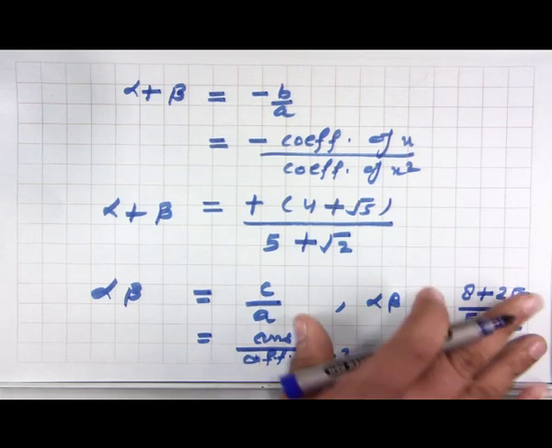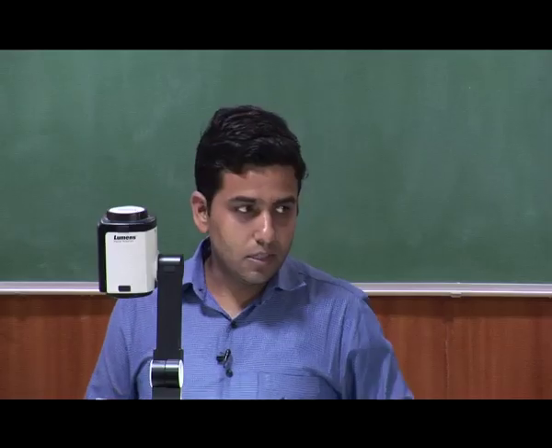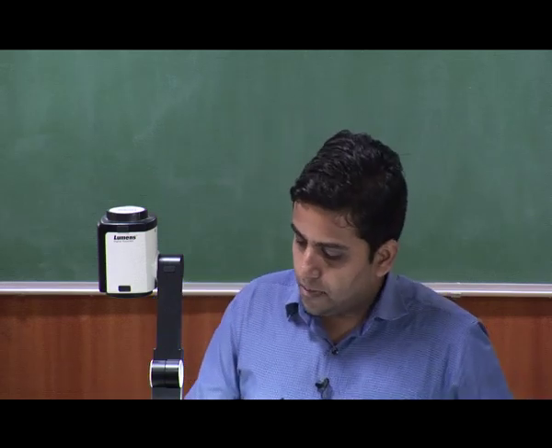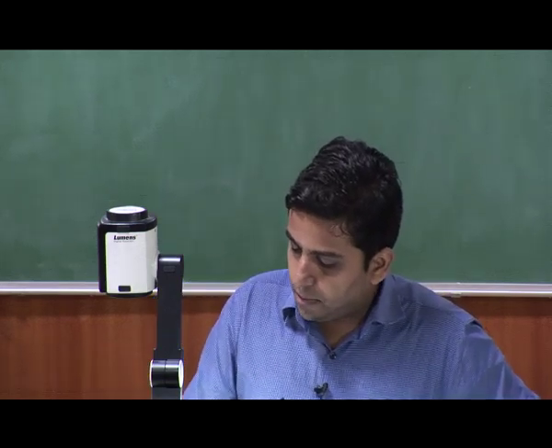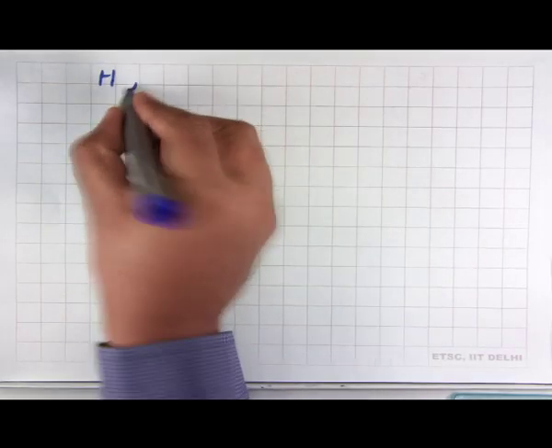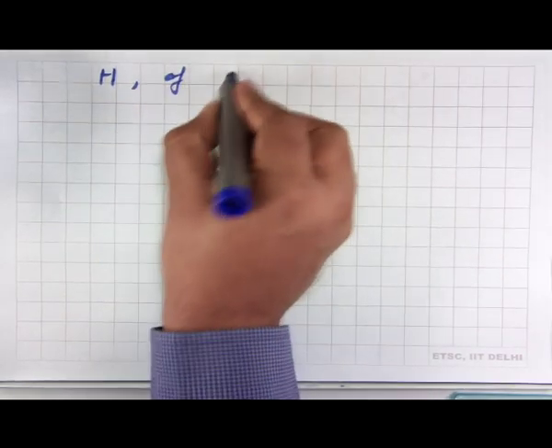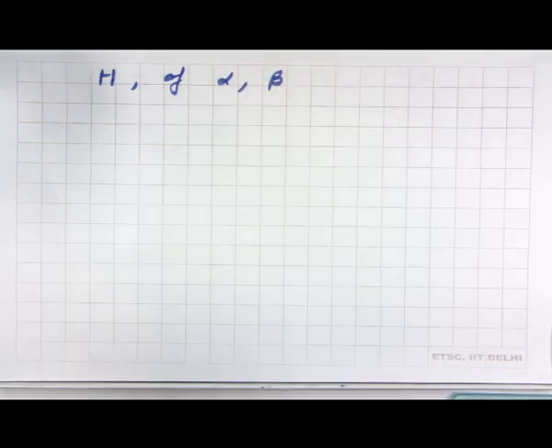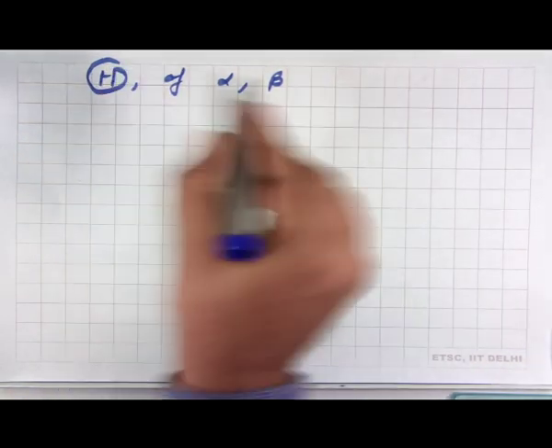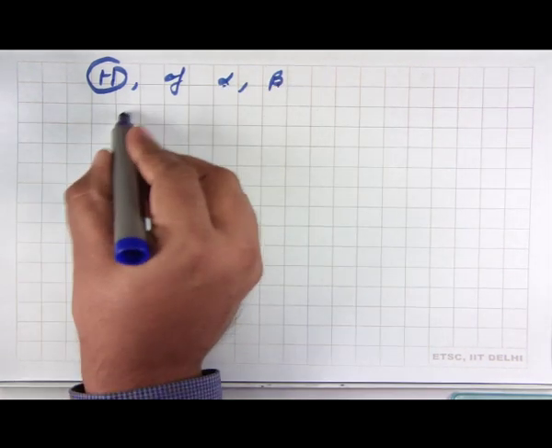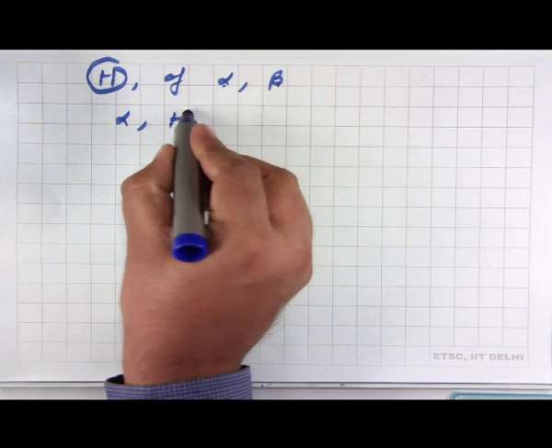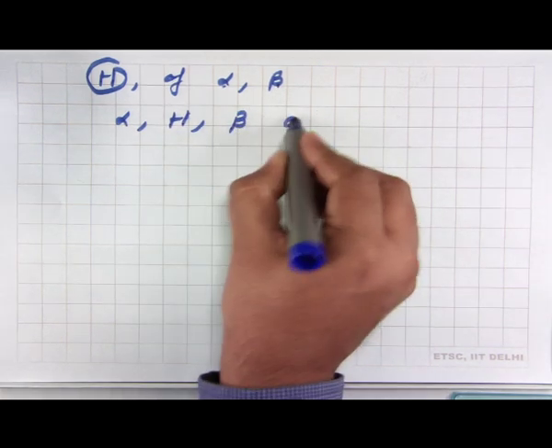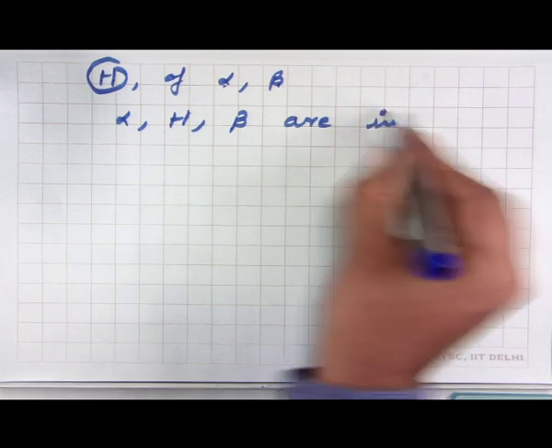Now we shall discuss the harmonic mean of these two roots. H is the harmonic mean of the roots α and β, so α, H and β are in HP.